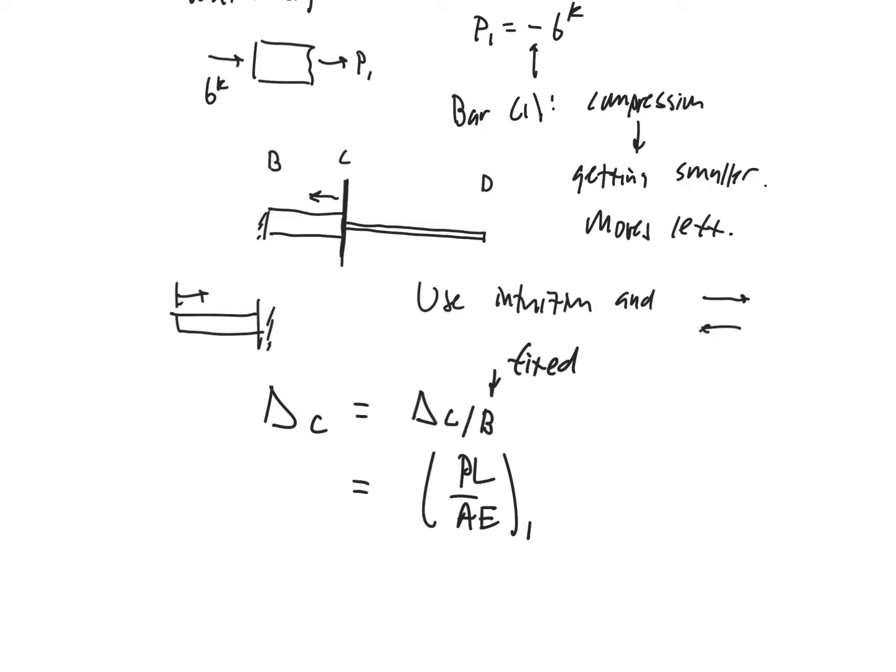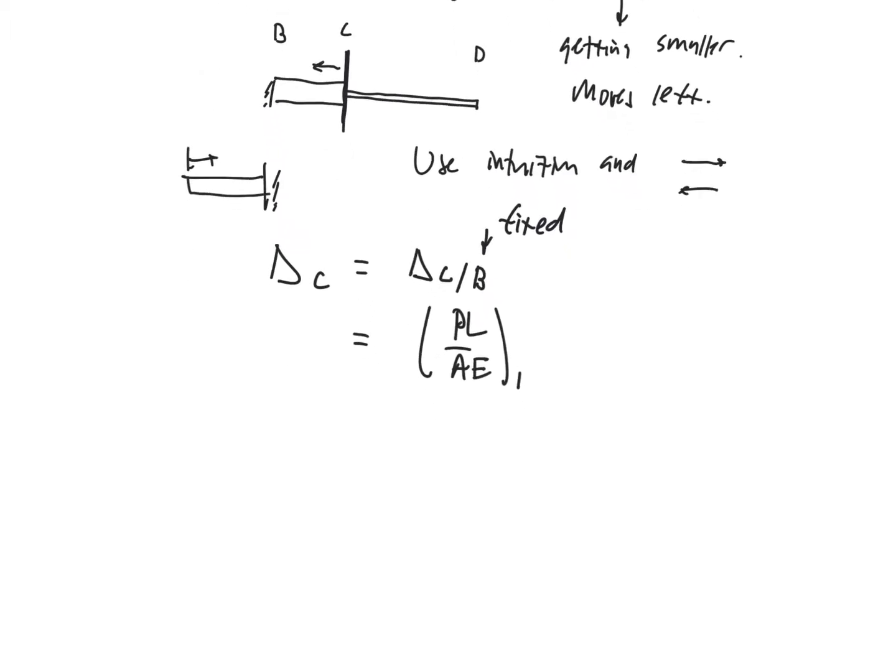That's it. Bar number 2, other than transferring the initial load that impacted the reaction, has no influence on this displacement. So we can rewrite it as P1 L1 over A1 E1. Those are the numerical values we would get. At this point I think it's okay to leave off the sign on P1. We know that it's negative, but you've already made the interpretation that it's going to be to the left.